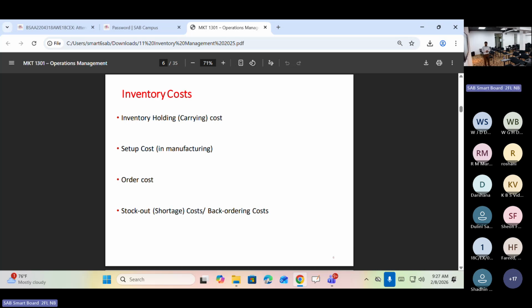Hope you get it. So businesses would try to optimize inventories to minimize inventory holding costs. I hope that is clear. That is about one type of cost, inventory holding cost or inventory carrying cost.